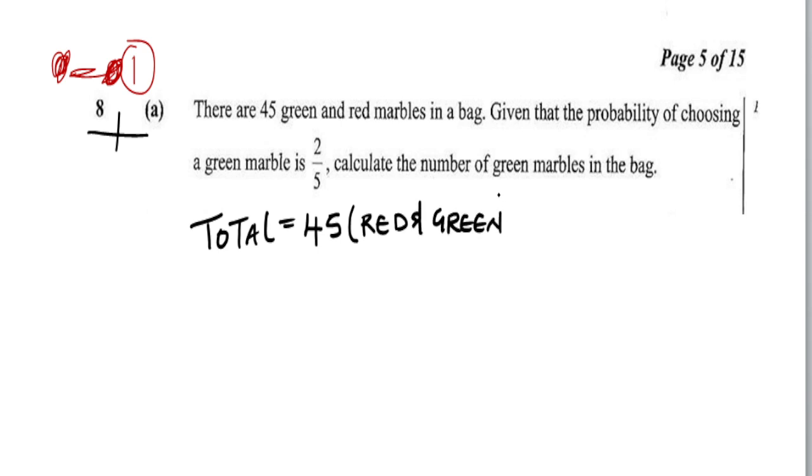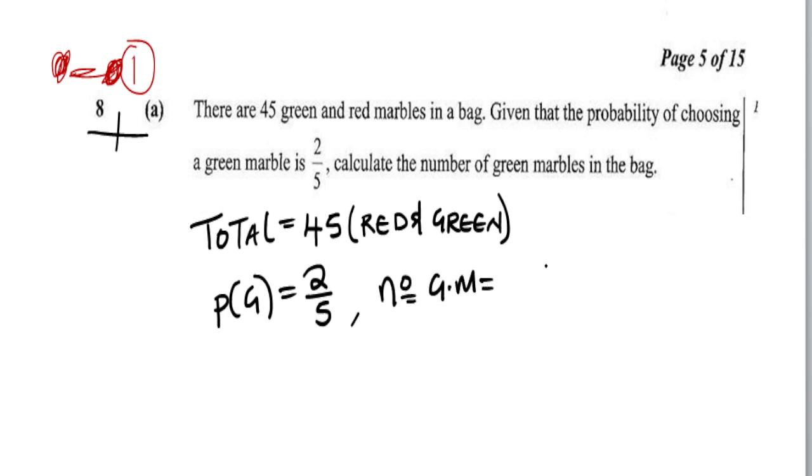Then they tell us the probability of choosing a green marble is equal to 2/5. Then they want us to find the number of green marbles.